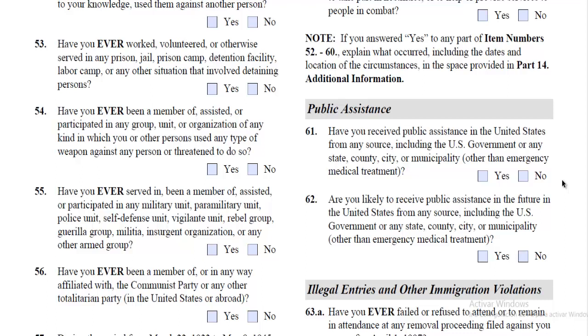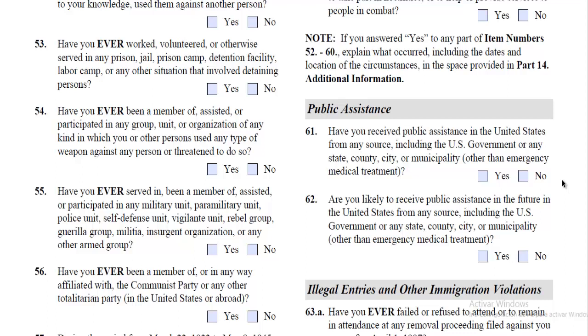The form then returns to various other grounds of inadmissibility for which your answer will in most cases hopefully be no. If the true answer to any question regarding whether you're admissible is yes, do not lie, which is not only unethical but, if discovered, can destroy any hope that you immigrate to the U.S. Instead, see a lawyer for a full analysis of the situation. So I'm trying to explain to you guys, answer the questions with the real truth on this form.